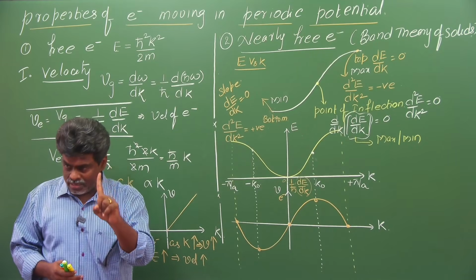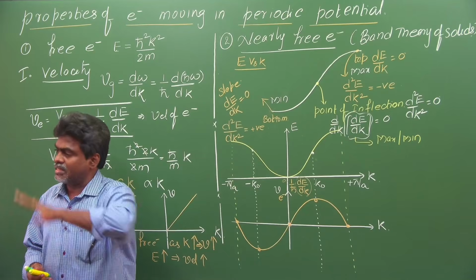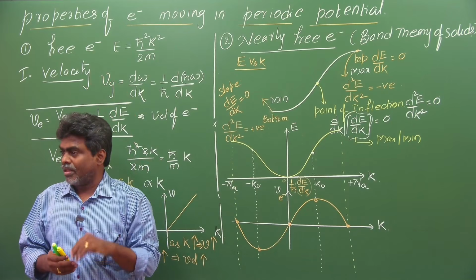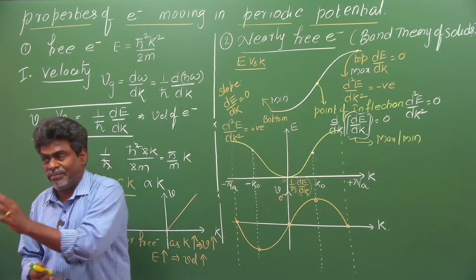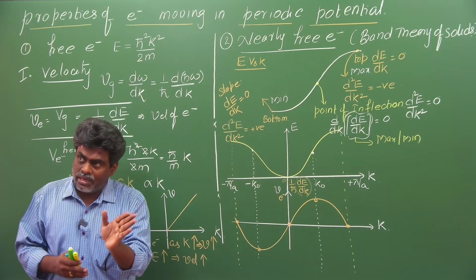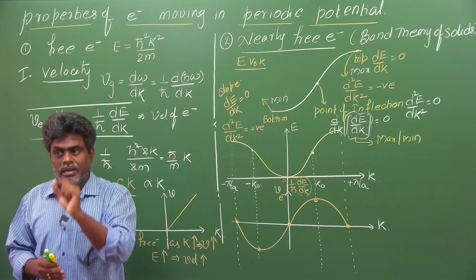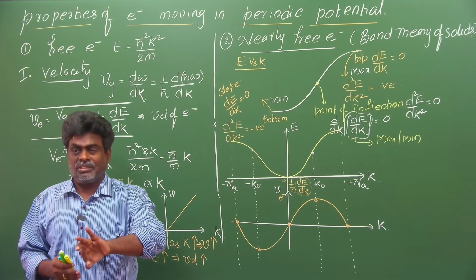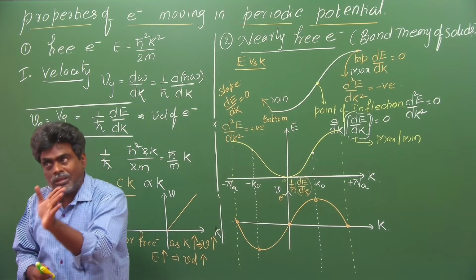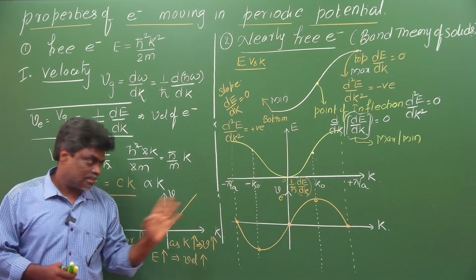First one, velocity property. In case of a free electron, velocity increases as energy increases. In case of a not free electron theory or nearly free electron theory, initially velocity increases as energy increases and reaches a maximum value at the point of inflection. After that, although energy increases, velocity decreases. Everybody understand? Come on.